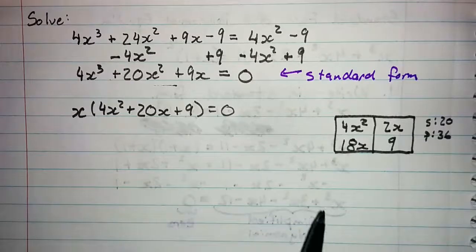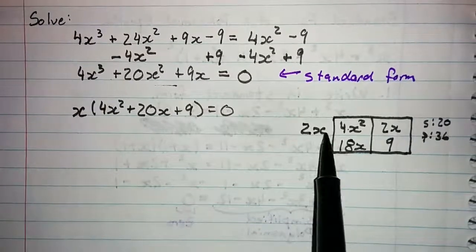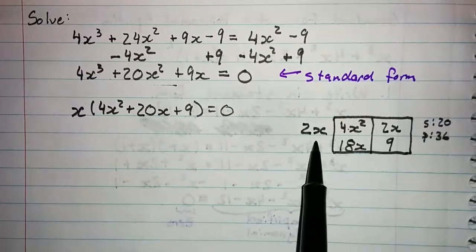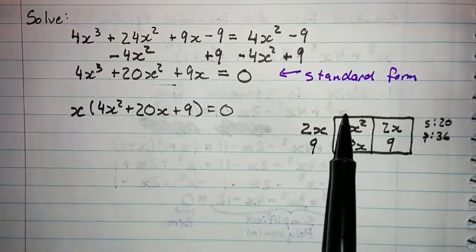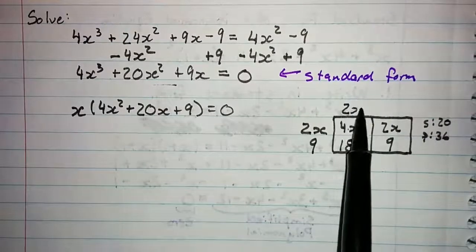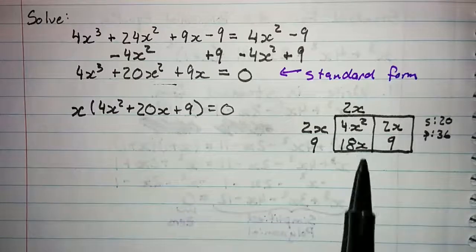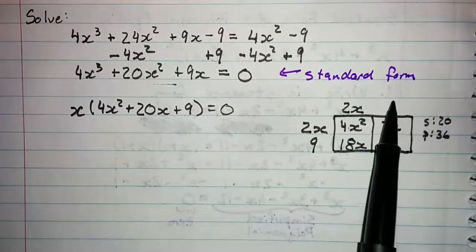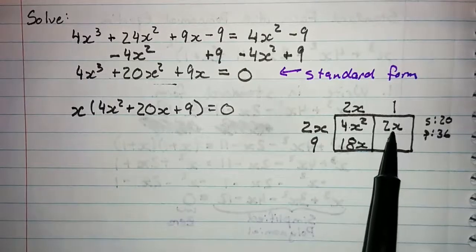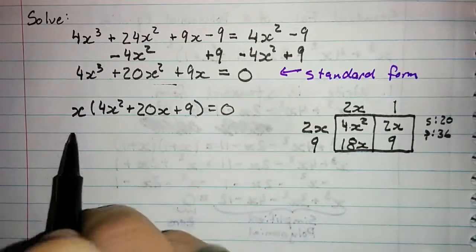All right, what do I have? Greatest common factor in this row is 2x. In this row is 9. What's left here? 2x times 2x gives me 4x squared. 2x times 9 does indeed give me 18x. 2x times 1 gives me 2x. 1 times 9 does indeed give me 9.